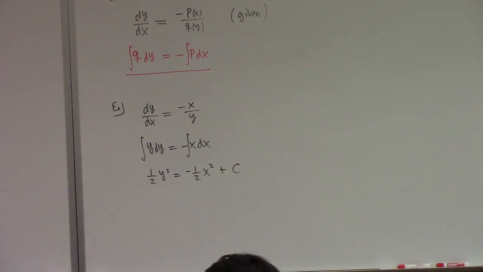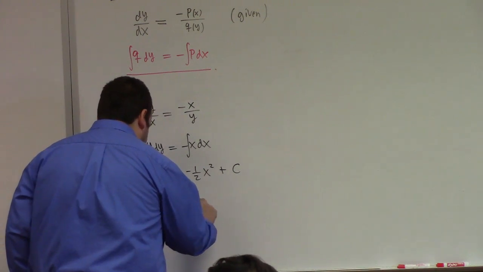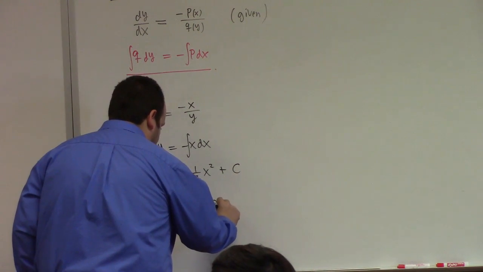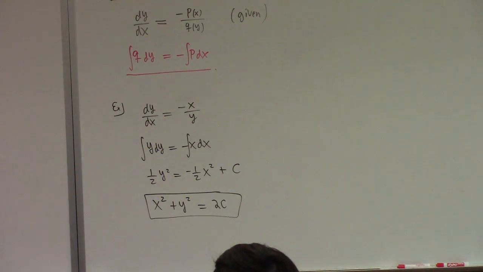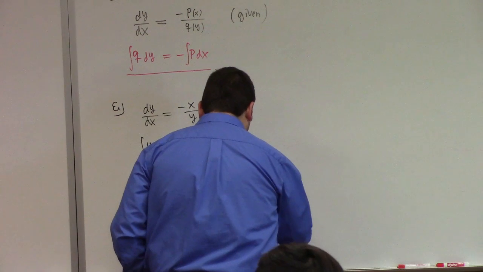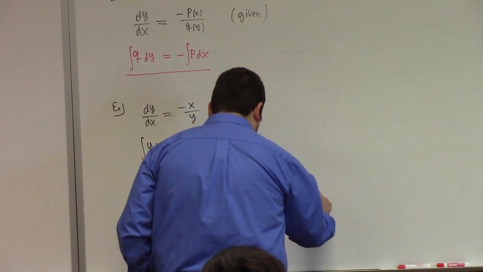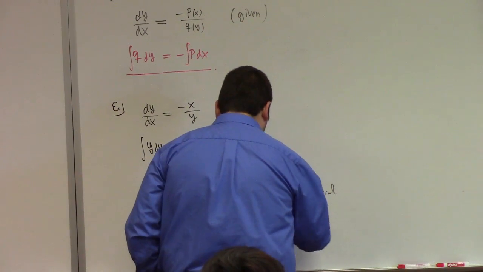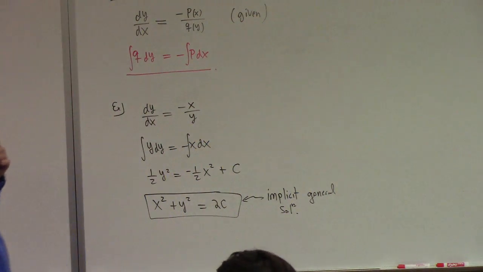And then I solve for x squared plus y squared, I'm solving for my own reasons, I think you'll see why. This is the so-called implicit general solution.